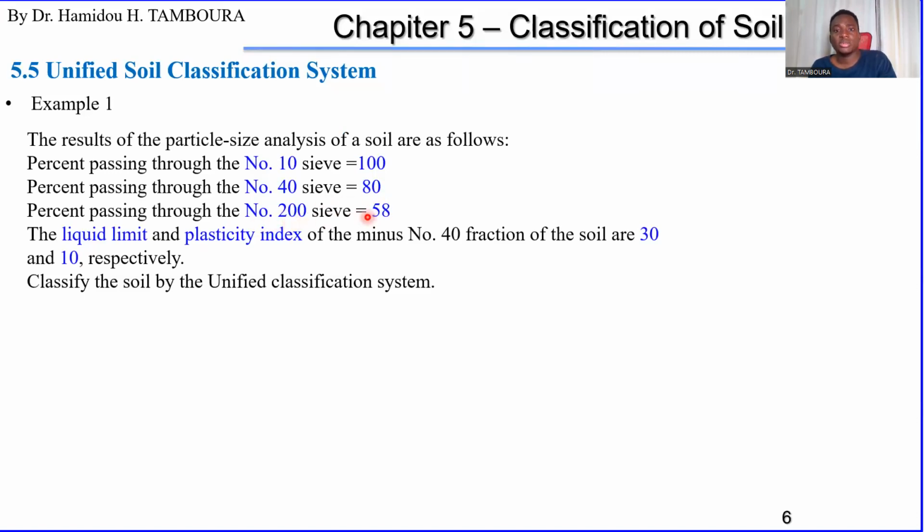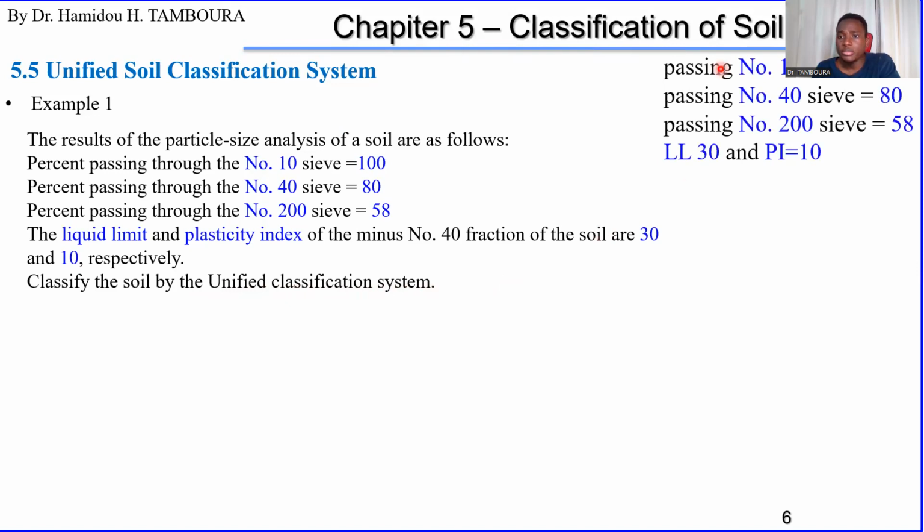Sieve number 200, 58%. And the liquid limit and plastic index of the minus number 40 fraction are respectively 30 and 10. It means liquid limit is 30 and plasticity index is 10. And the task is to classify the soil using the unified classification system.